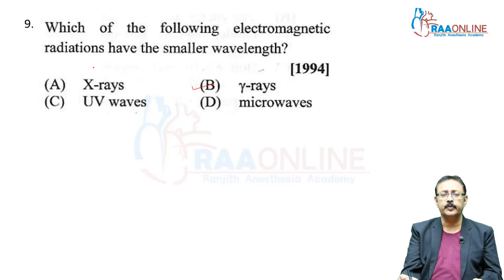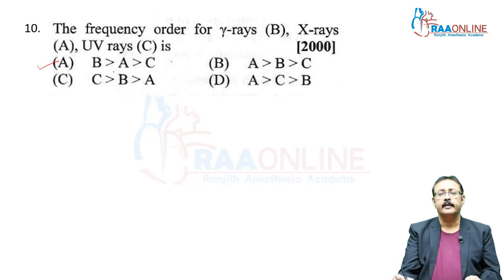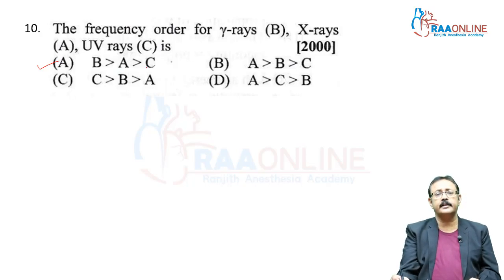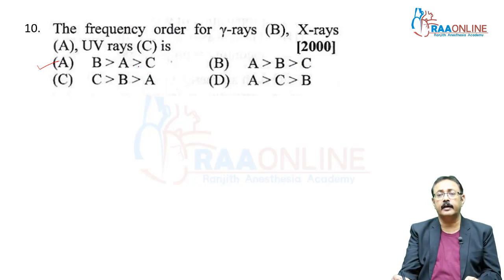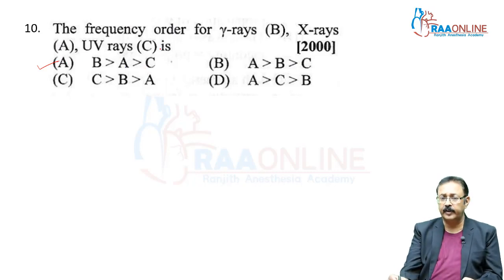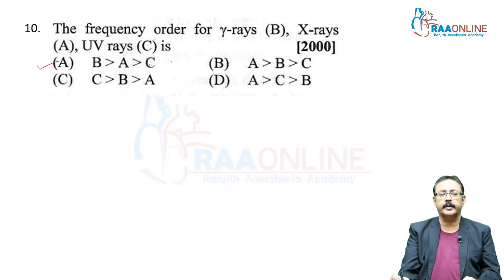Just as I told you, due to high frequency, gamma rays have smaller wavelength. Then ultraviolet rays, and then these are coming in number. First gamma rays, highest frequency, then X-rays, then ultraviolet rays are coming there.